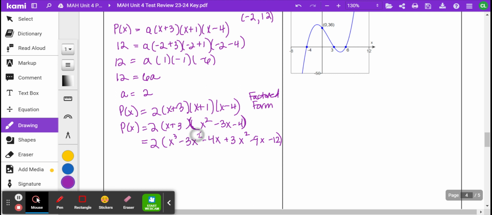So this cancels with this. So I've got x cubed minus 13x, minus 12. And then we're going to distribute the 2 too. And that, my friends, is the answer that matches in the back. And this is what we would call standard form.